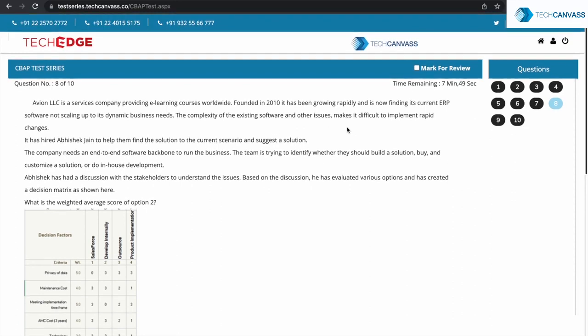The question has a statement which gives some historical information about the organization, who the business analyst is, and what they have to do, and that the business analyst has had a discussion with the stakeholders to understand the issues. Based on the discussion, he has evaluated various options and has created a decision matrix as shown here. So the question is based on the decision matrix which the business analyst has prepared.